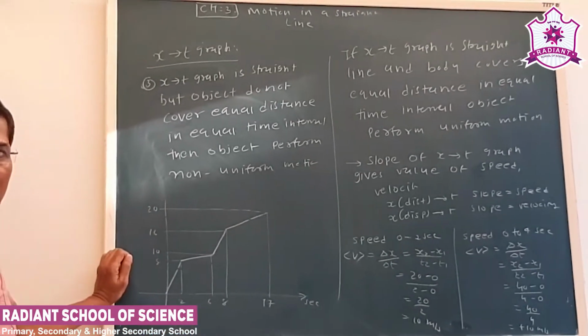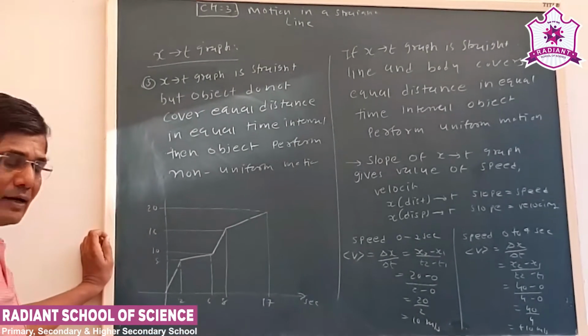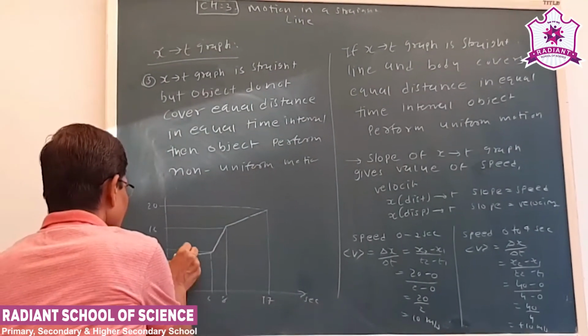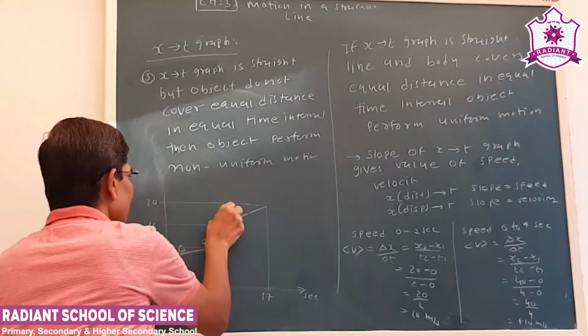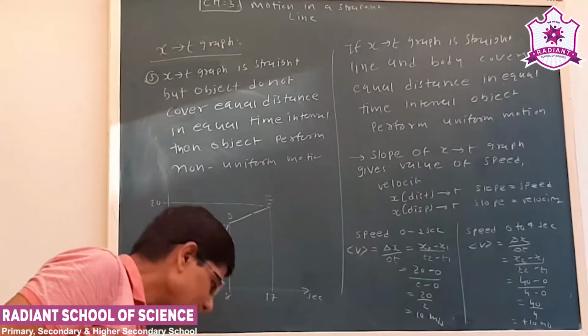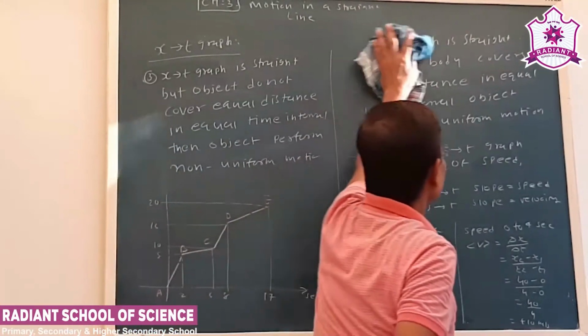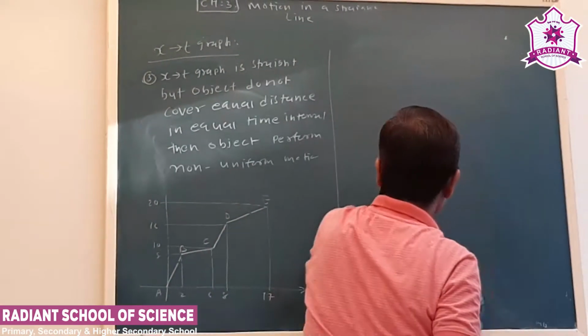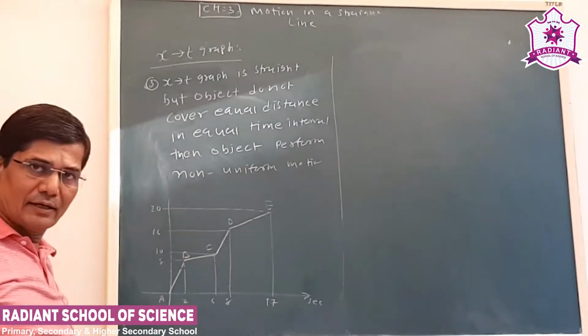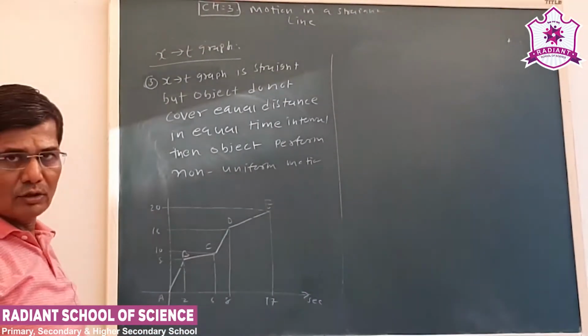Okay, now see here each part is a straight line, but suppose we call the points A, B, C, D, E. Now see here, the time intervals and the distances covered are both different, that is a non-uniform motion.